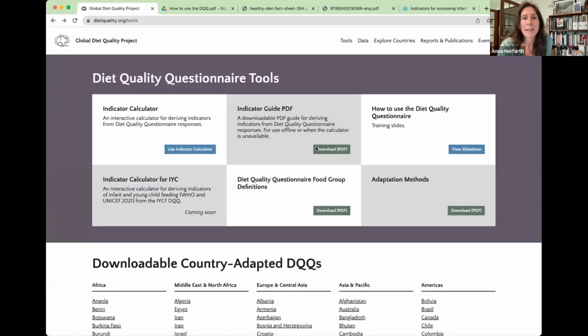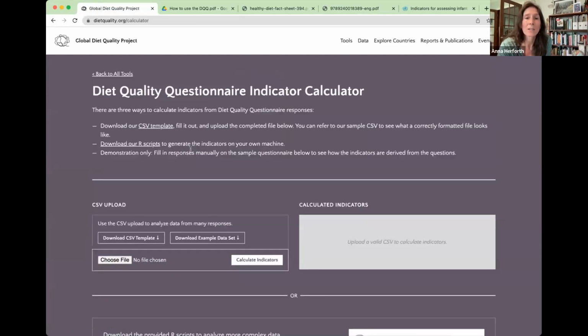So you can use that, or you can go to the indicator calculator section, and there are tools where you can upload your data. It's not saved on any server. It's just used for the purpose of calculating the indicators, and you can have them be automatically calculated. There's a template where you can fill out this template with your data in the format of the template.